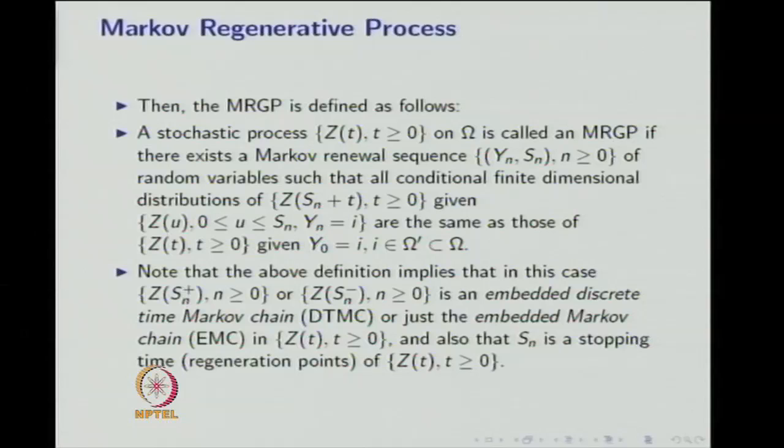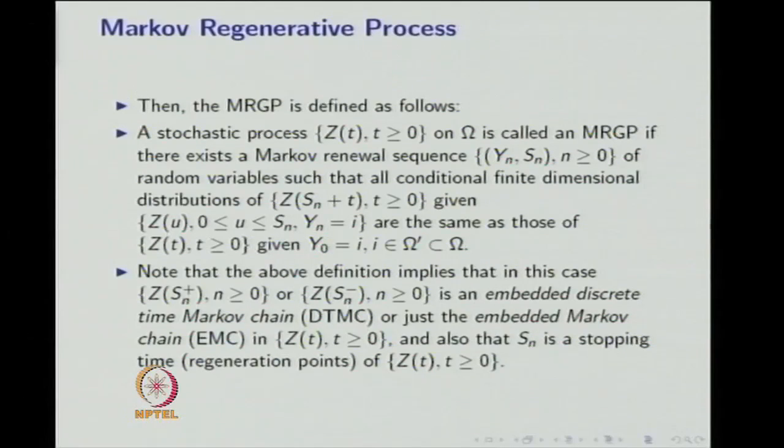Note that the above definition implies that Z(Sn+) or Z(Sn-) is an embedded discrete time Markov chain, or just an embedded Markov chain in Z(t). Also, Sn is the stopping time or regeneration points.